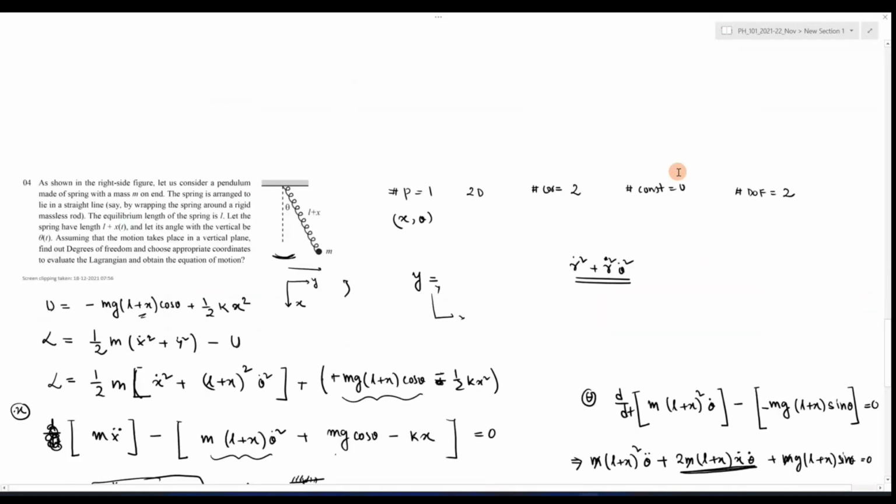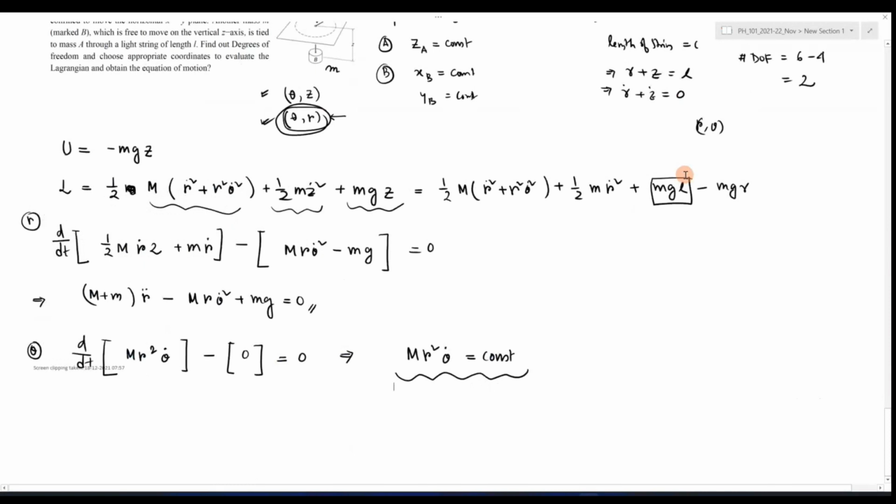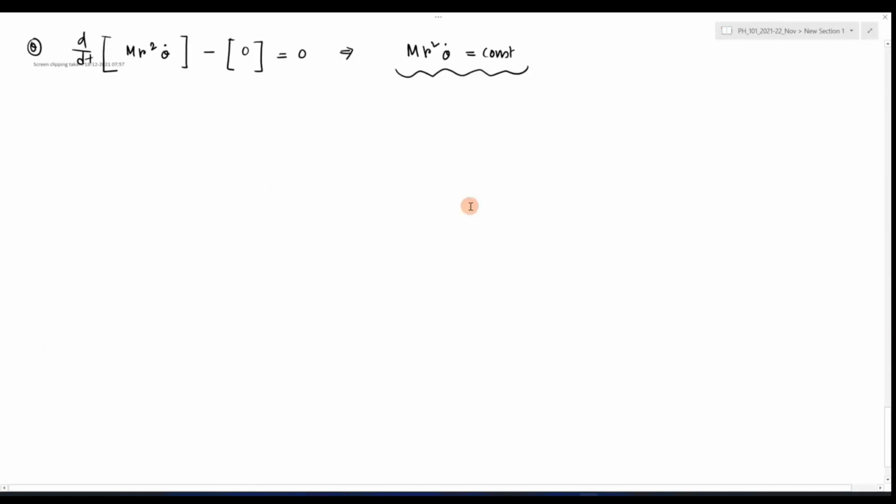By the way, in the last tutorial, there was one question. Two charges were there, fixed by a rod of length twice L. You remember this question? Somebody asked me how to write the degrees of freedom.